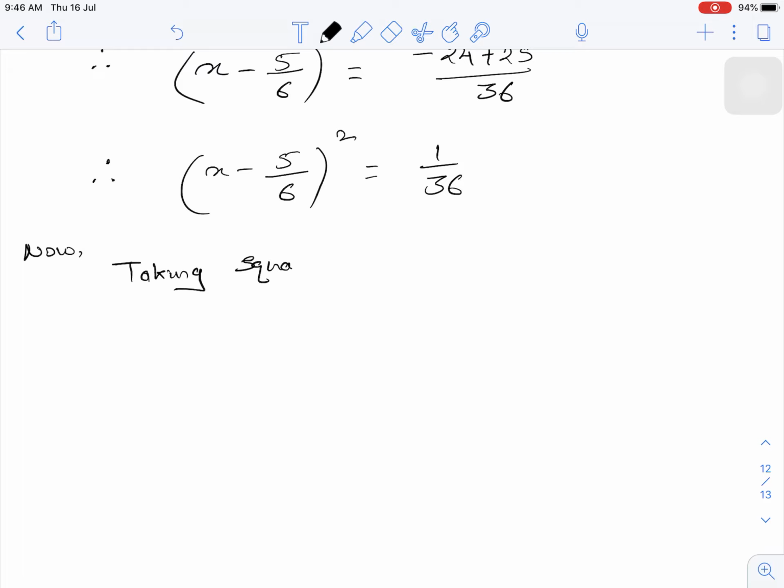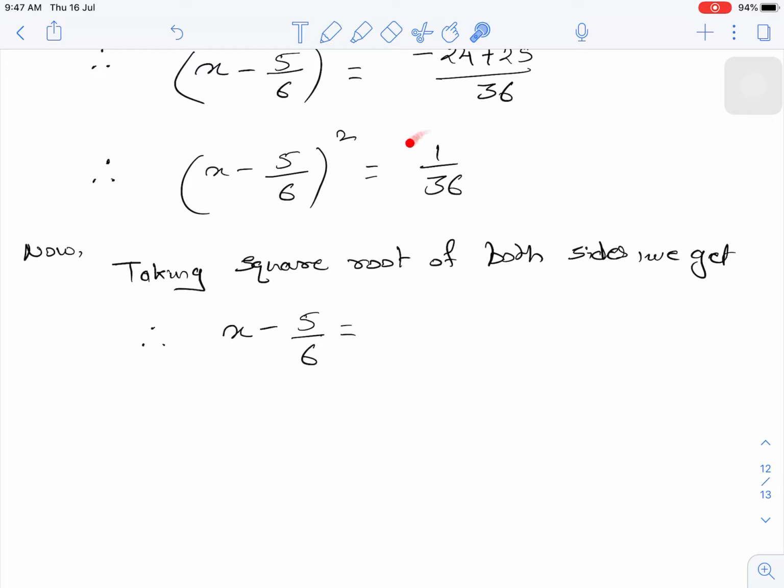Taking square root of both sides, we get, the square will be removed and the remaining will be as it is. x minus 5 upon 6 is equal to, now remember on the RHS side, whenever you are taking square root, you have to write two signs, either plus or minus.